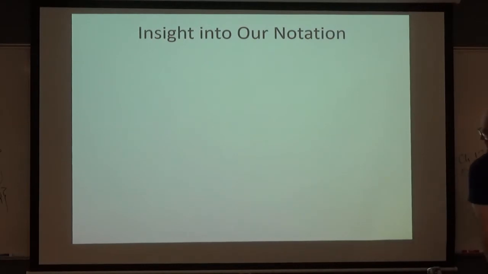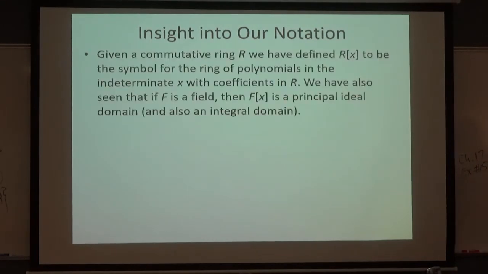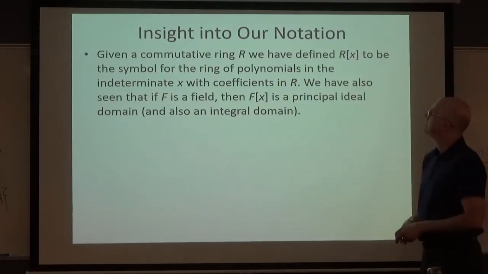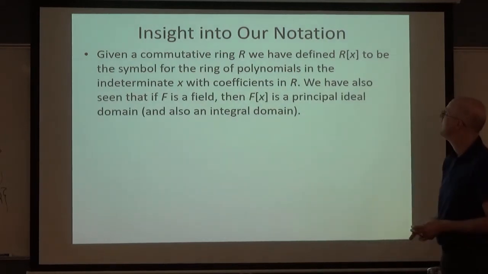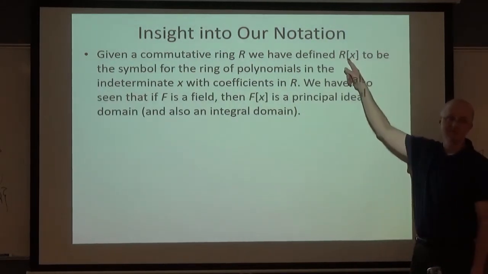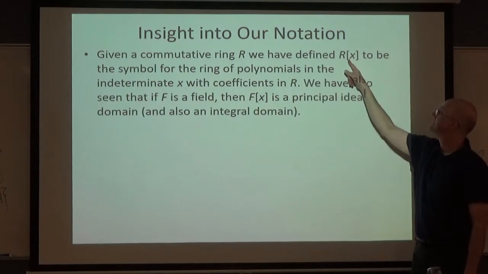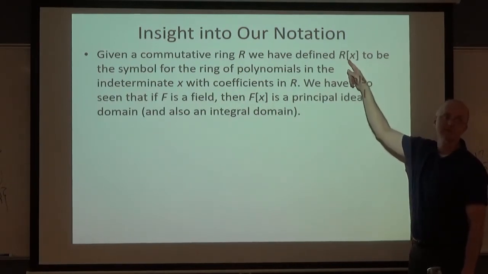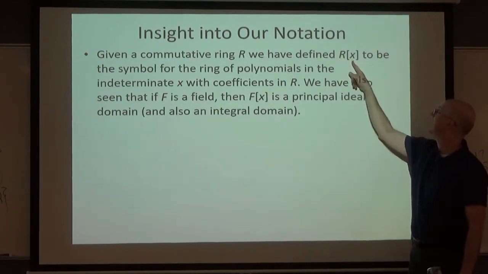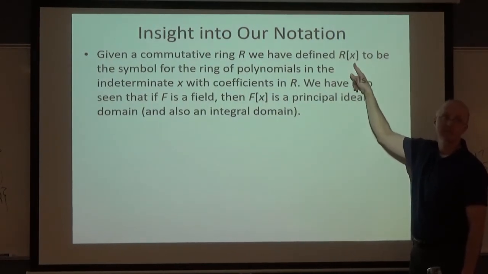Probably we're going to just focus on some definitions and theorems in our time remaining. Before that, some insight into our notation, which is definitely worthwhile to know about. Given a commutative ring R, we have defined this symbol to be the ring of polynomials with indeterminate x with coefficients in R. Write the ring there, and x inside square brackets.